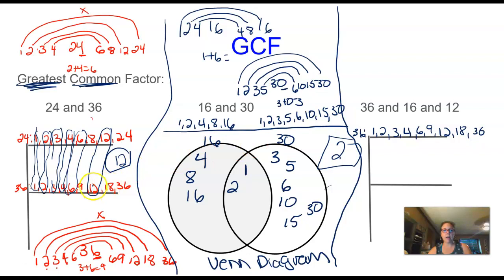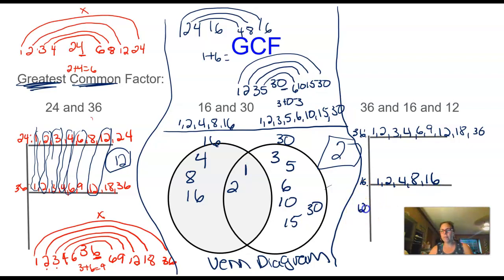I'm just getting this from right over here because I've already done it, okay? And then 16 we have also already done, which is right here. So 1, 2, 4, 8, and 16. And then I would just do one below that.